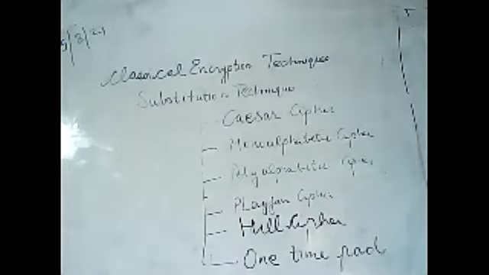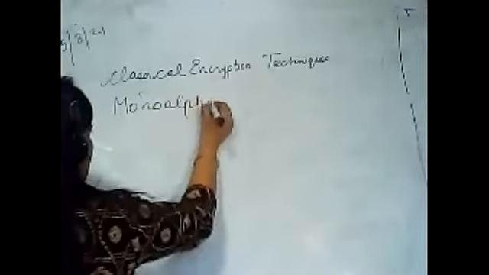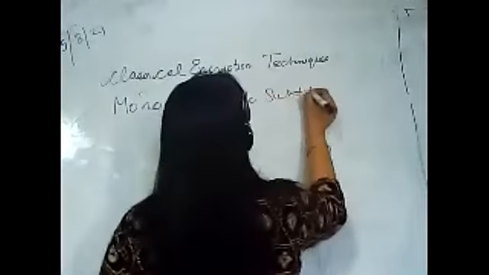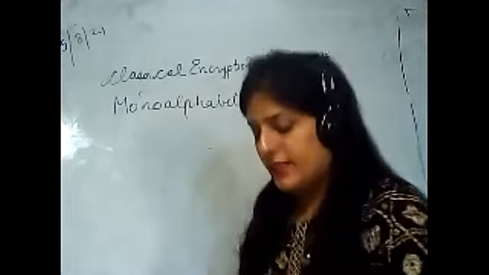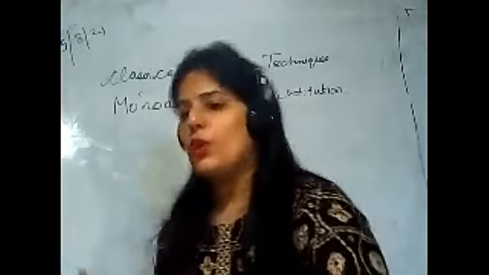So we are defining the monoalphabetic substitution technique. In this technique, a single cipher alphabet for each plain text alphabet is used throughout the process.